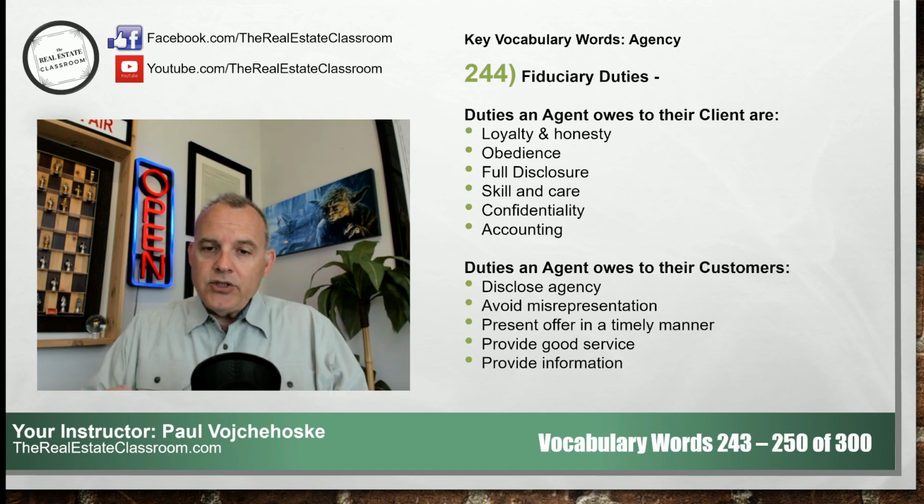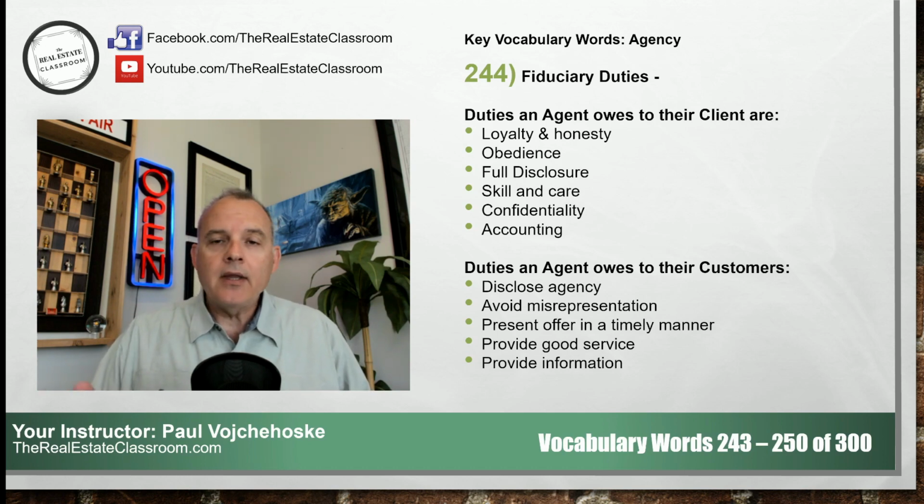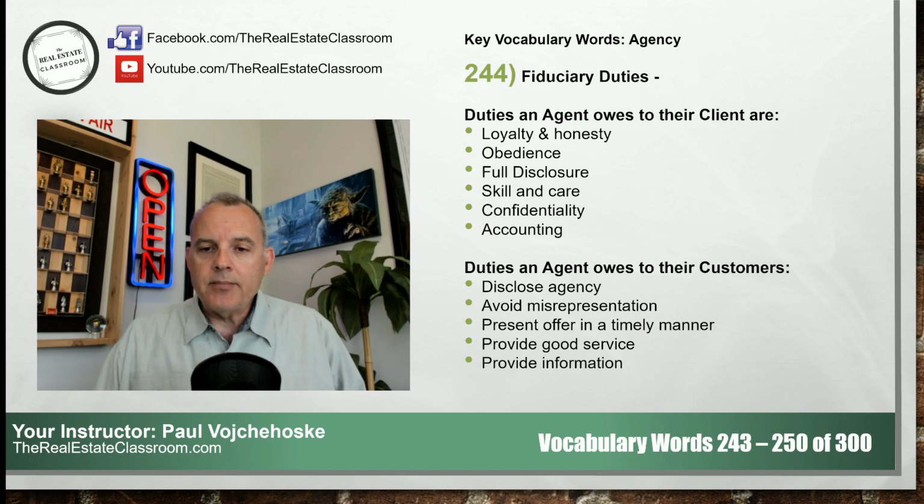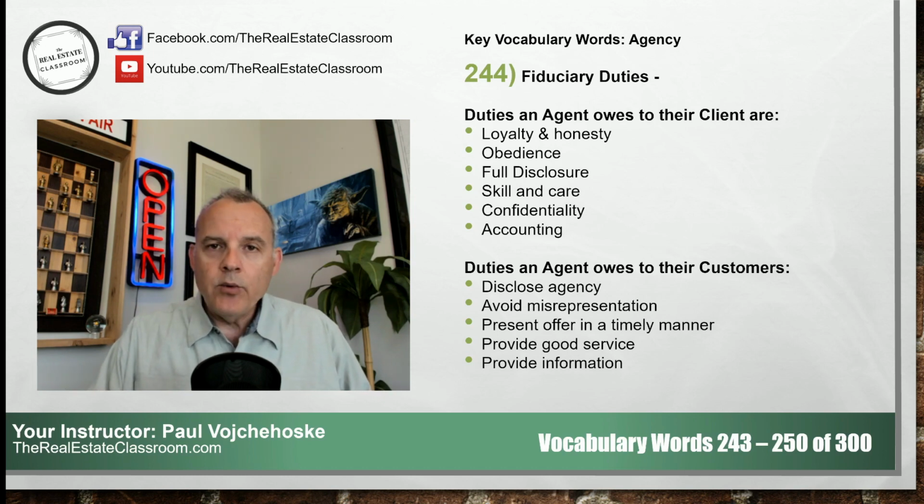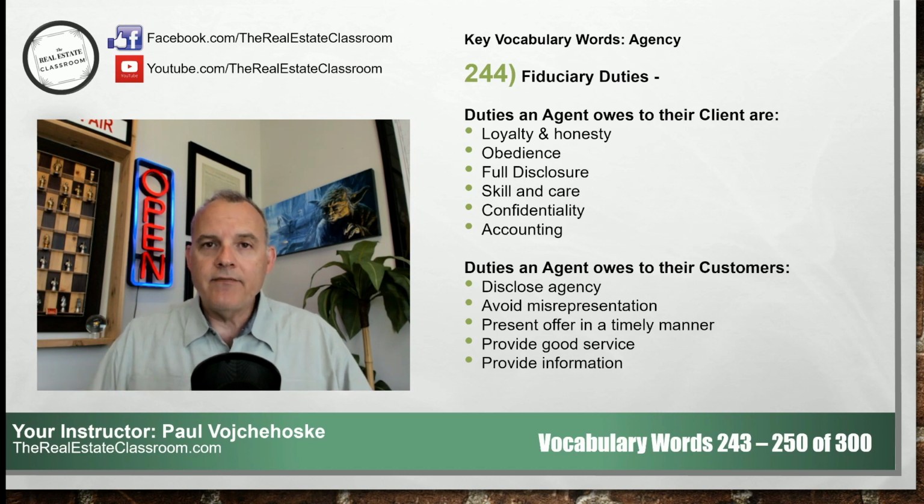However, as you can see on your screen, that agent still must disclose agency, meaning they must disclose to that buyer who they represent. They cannot in any way misrepresent anything. They must present that buyer's offer in a timely manner. They must provide good services, and they must also provide that customer information.